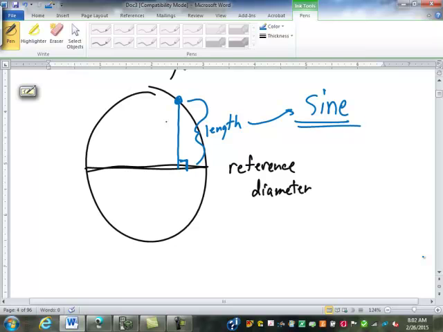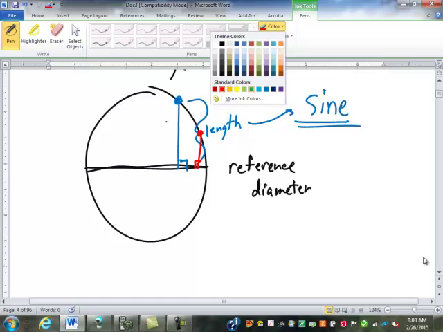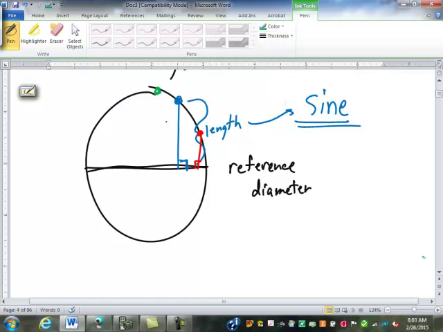So obviously that point has a larger sine than this point does. This point has a smaller sine because it's closer to the reference diameter, whereas this point here has a slightly larger sine because it's slightly further away from the reference diameter. Does that make sense? You're probably starting to wonder, okay, sine's a trig function, how on earth does this relate to the trig functions? We'll connect it in the next couple weeks.